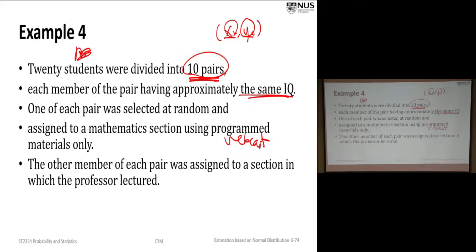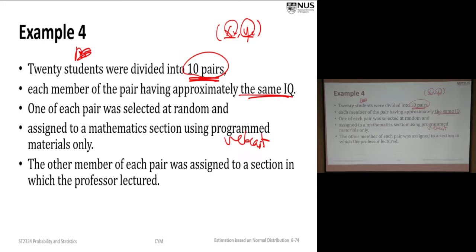So we try to eliminate this impact of different abilities. What we're going to do is find two students, form a pair, and they are supposed to be equally good in IQ or academic ability. One is assigned to the programmed material, the other to the lecture group. Then at the end, we look at their exam scores.